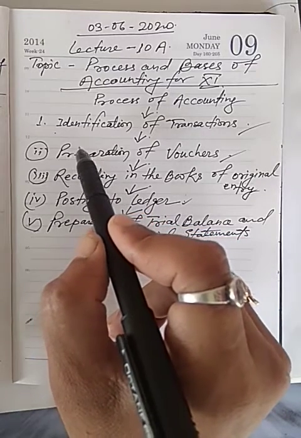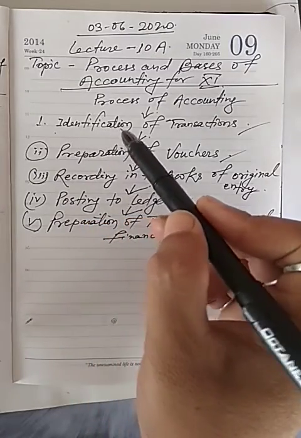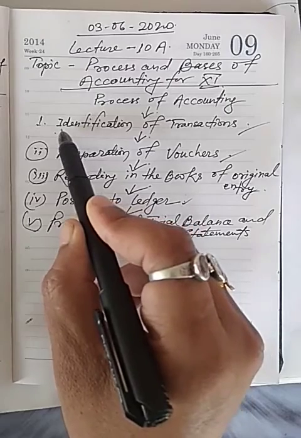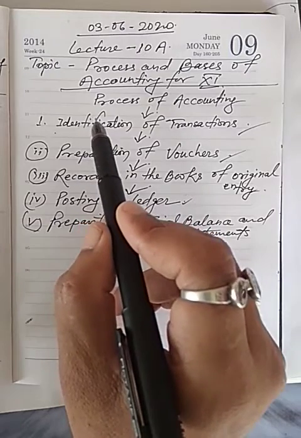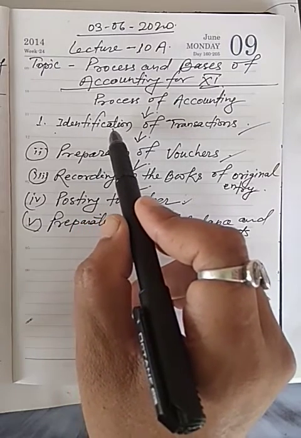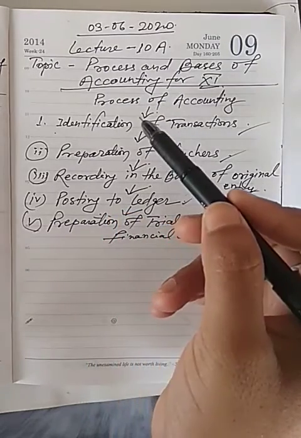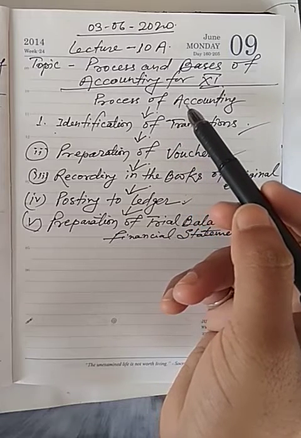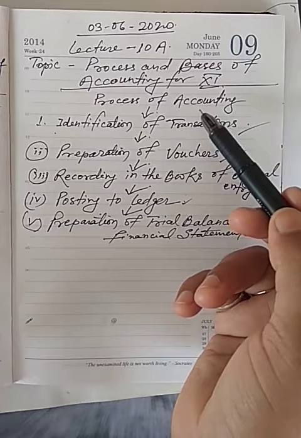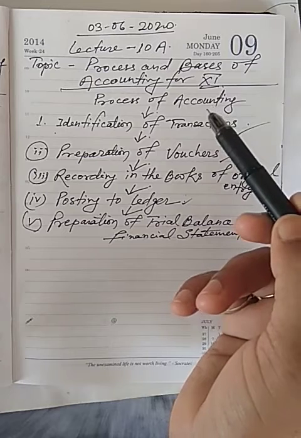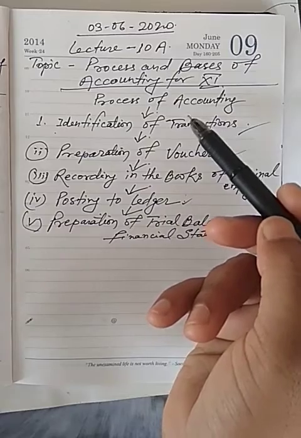For recording business transactions, it is necessary that these transactions are evidenced by an appropriate document such as cash memo, purchase invoice, sale invoice, pay-in slip, checkbook, passbook, etc. A document which provides evidence of transaction is called the source document.